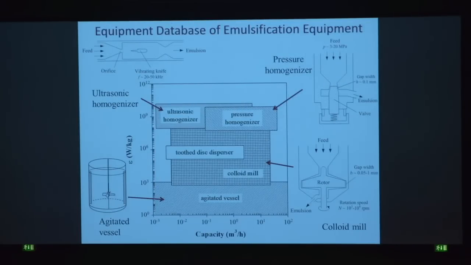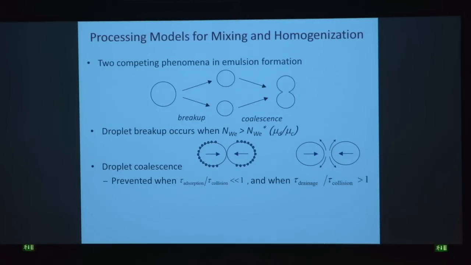And we also have the equipment database, and this shows the energy required as well as the capacity. We have agitated vessel, colloid mill, the pressure homogenizer. So using heuristics for this 5-ton production, we pick agitated vessel and the colloid mill, and we have to go into transport phenomena.